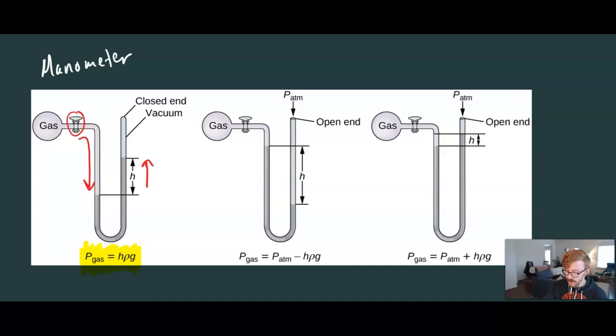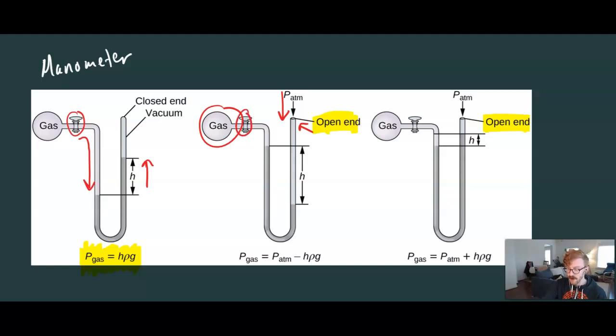Both of these on the right are open-ended cases, but the situation over here is when the pressure of our sample is less than that of the atmospheric pressure. Since the other end is not vacuum sealed, it's open to the atmosphere, we always have to account for the atmospheric pressure pushing down on the open end of the tube.